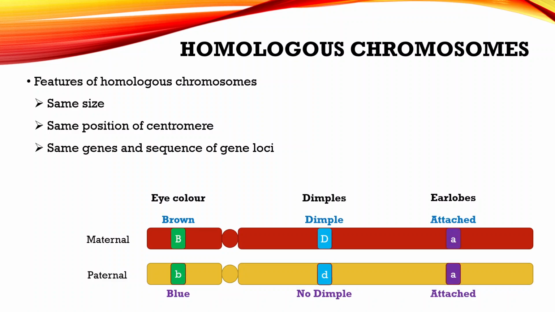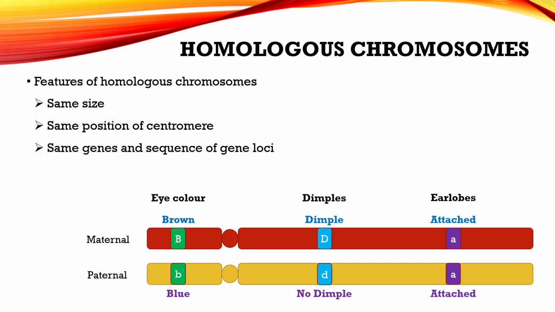As you can see here, there are 3 genes: genes for eye color, dimples, and earlobes. Both chromosomes share the same 3 genes, and where the genes are found is the same as well. Gene loci just means the position of the gene on the length of the chromosome.